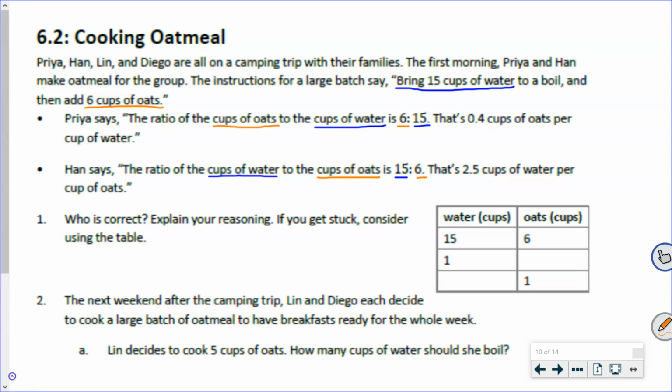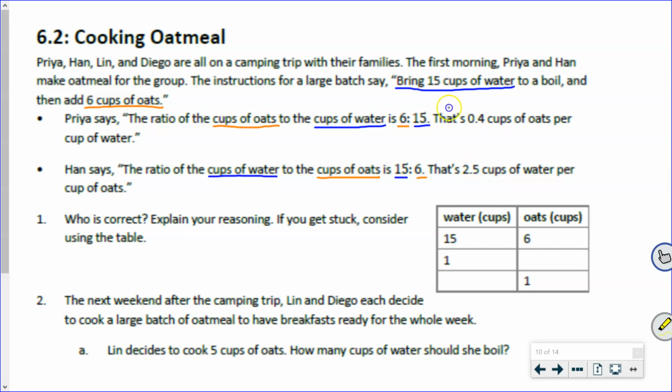Okay. Come back to me and please tell me, how can they both be correct? What's happening here? Berkeley. Exactly. They're both using the same amount of ingredients, but they're just switching the numbers, right? They're just flip-flopping them. So they're both correct.